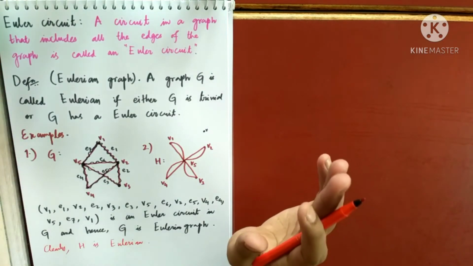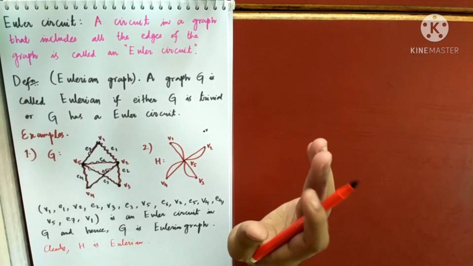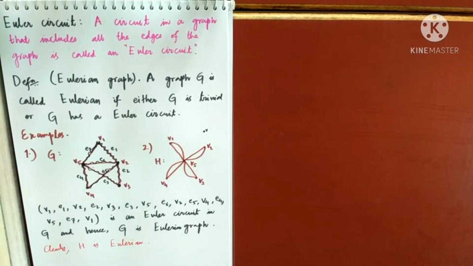Is it true in general? The answer is yes. So that is your next theorem. For an Eulerian graph, every vertex has even degree. So let's do this theorem next.